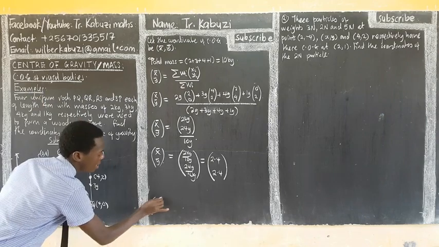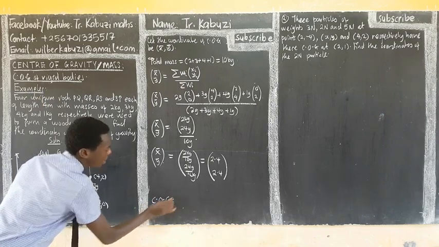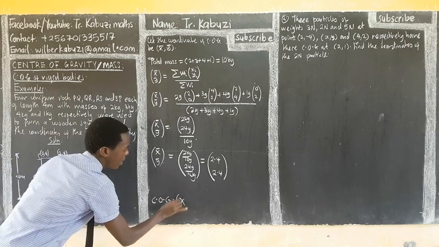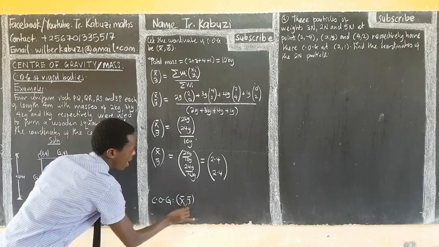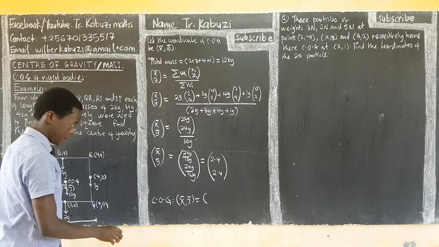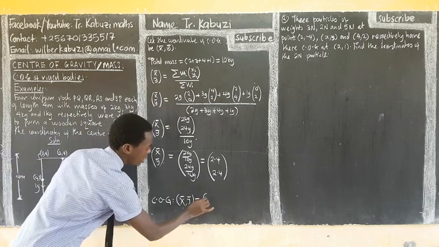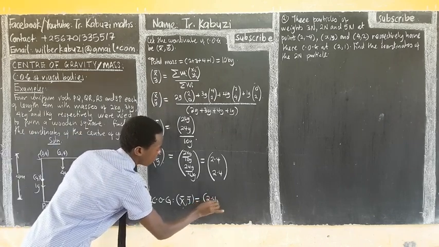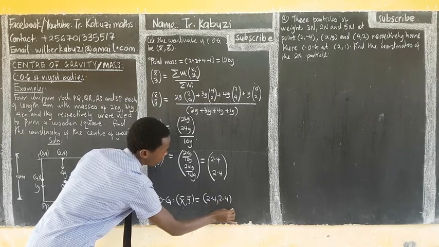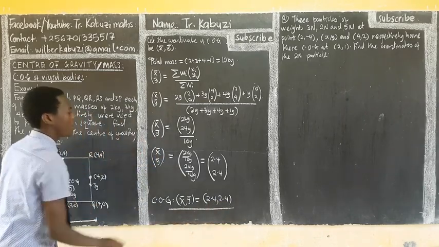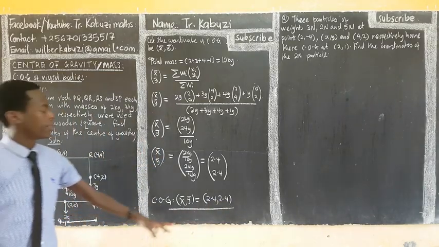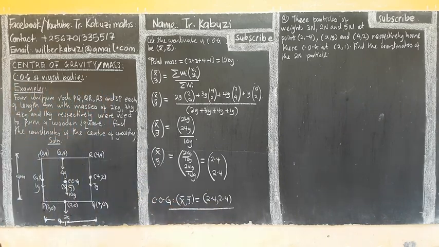So our center of B is at coordinates x bar, comma, y bar. Is that it? So then the point is 2.4, 2.4. As simple as that. Whenever you have a square, be sure that these ones are going to be the same.